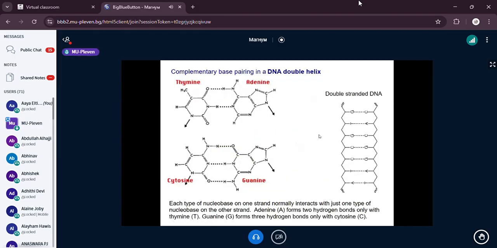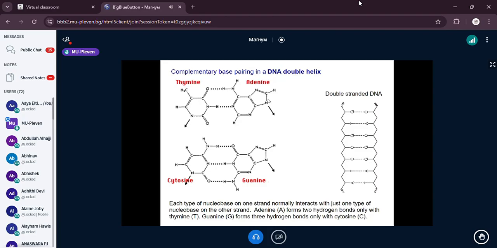Hydrogen bonds are very important for the DNA double helix. We will study later the structures of pyrimidine and purine bases. In the DNA helix, each pyrimidine base is bonded through hydrogen bonds with a purine base.